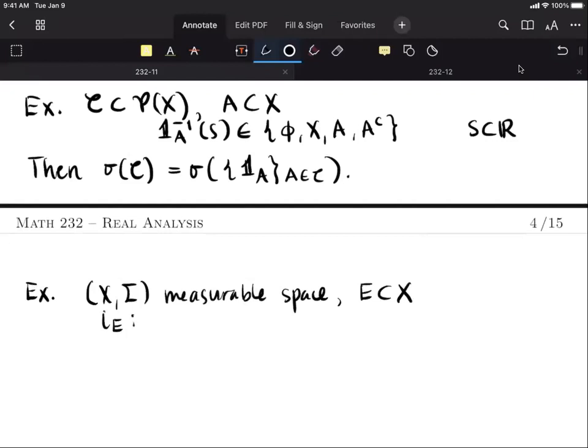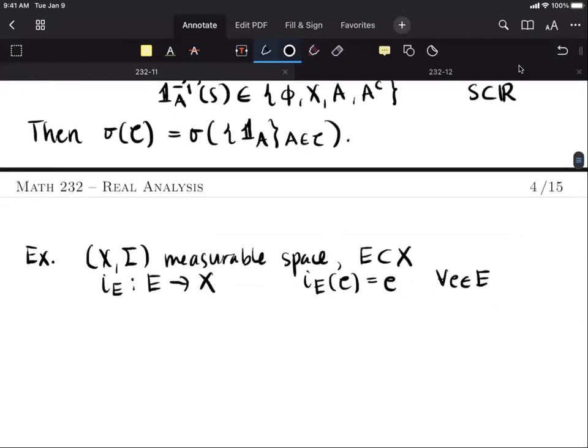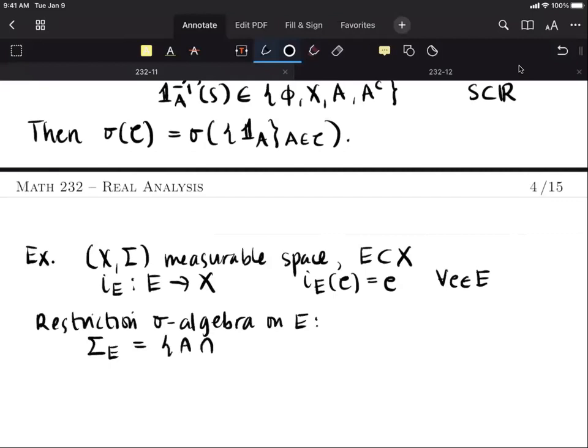Define the canonical injection I sub E, from E to X. In other words, this is the identity map, but the domain is in E. Recall that the restriction sigma algebra on E is denoted by a subscript sigma sub E. This is by definition the intersection of A and E, where A is in sigma.